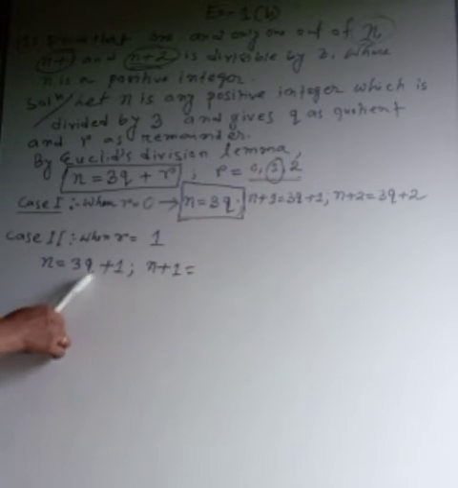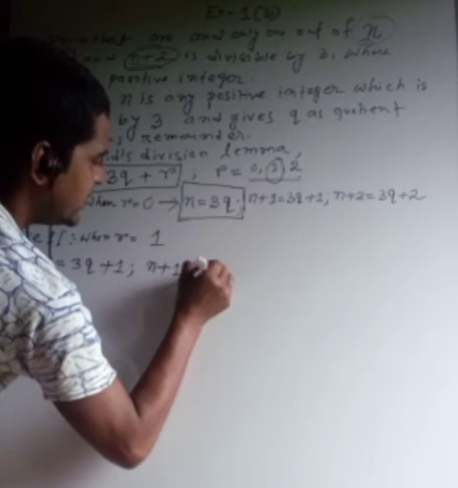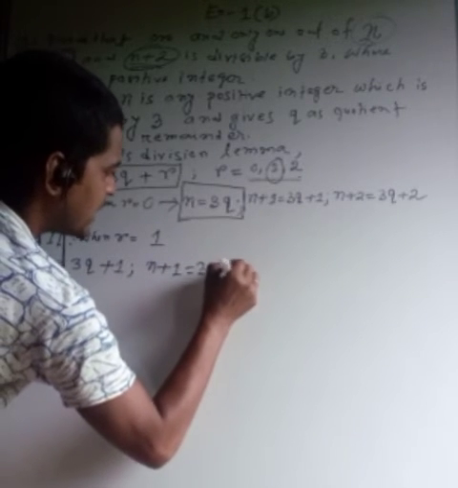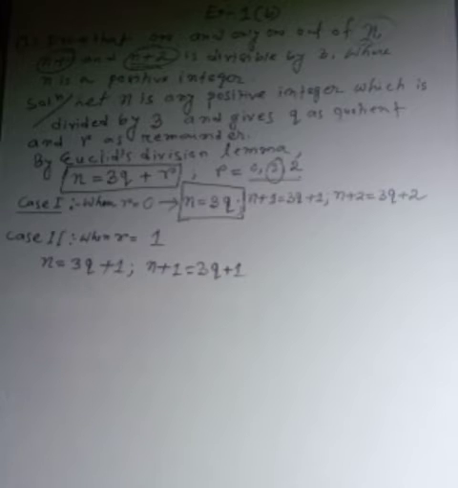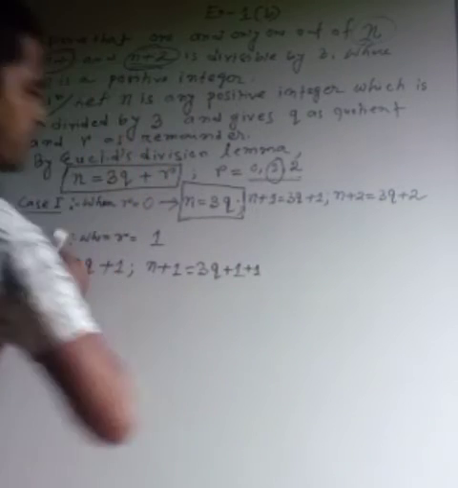Here the n value is 3q plus 1. So we have to put the n value 3q plus 1. Then there is plus 1 remaining. So here will be plus 1.